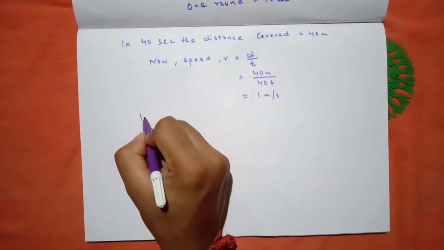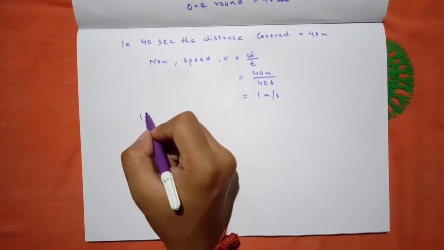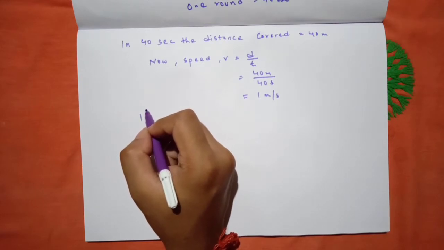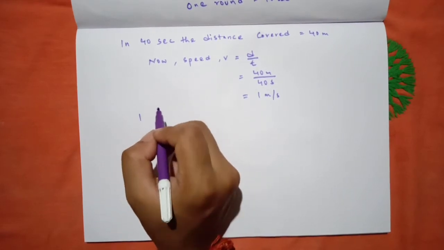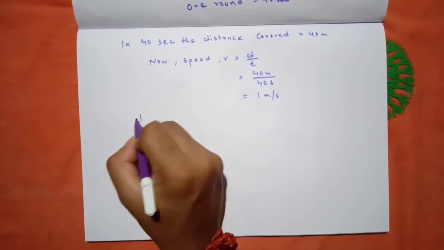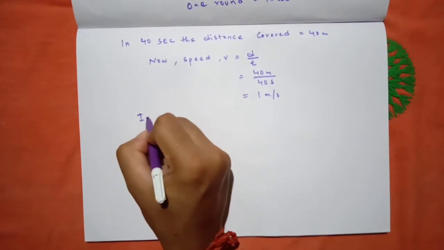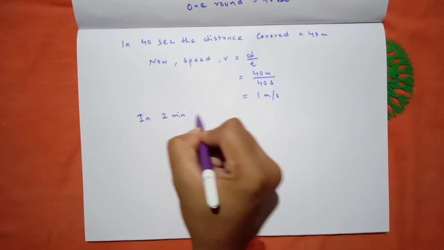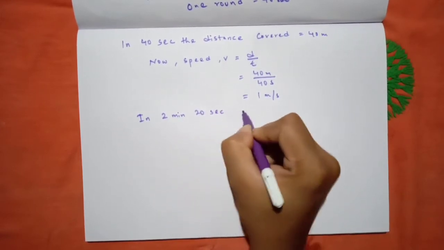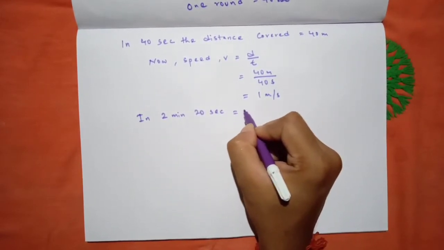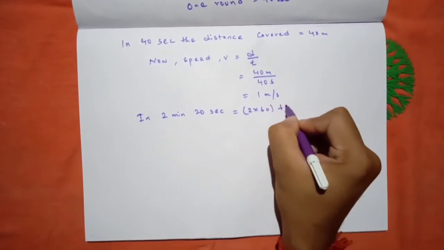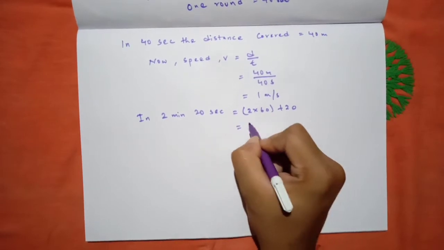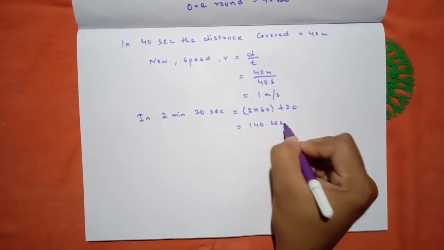Now it is asked at which point the farmer gets in 2 minutes 20 seconds. So 2 minutes and 20 seconds becomes 2 into 60 seconds plus 20 seconds, which is a total of 140 seconds.